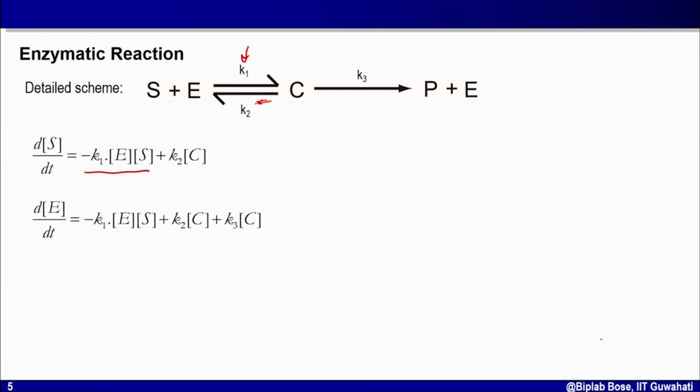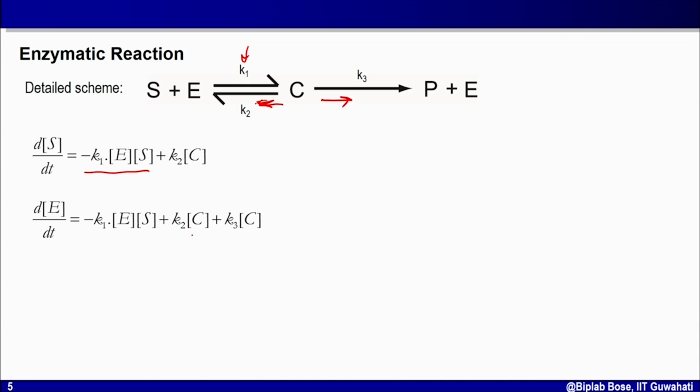Now let us write for the enzyme. d/dt, the rate of change in concentration of E, is equal to minus K1 E into S, same as the previous one in case of substrate S, because enzyme is getting consumed in formation of the complex C. So I have a minus term here, minus K1 E into S. Next, C is breaking down in both directions. In one direction here, it is giving rise to S and E, so I get back some E. On the other side, C is breaking down into P and E, that also gives rise to some free E. So I have two terms.